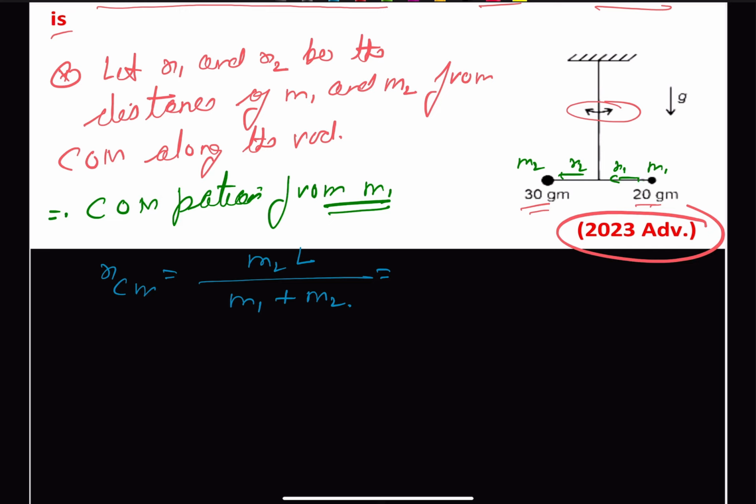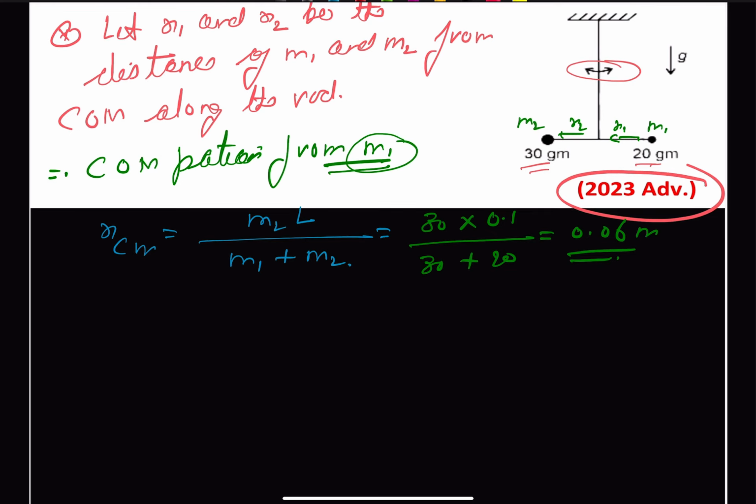So we are having our M2 is 30 multiplied by the length, that is about 0.1, divided by 30 plus 20, which comes as 0.06 meters. So this is the center of mass with respect to M1.